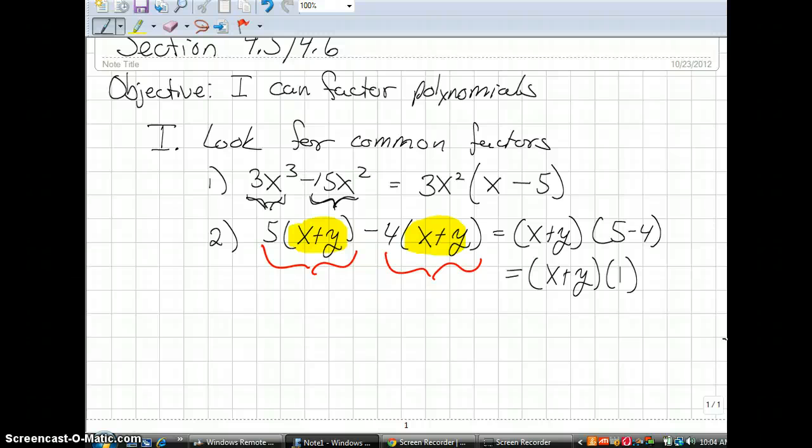Then once you've found the common factors, the next step is to determine how many terms the polynomial has.